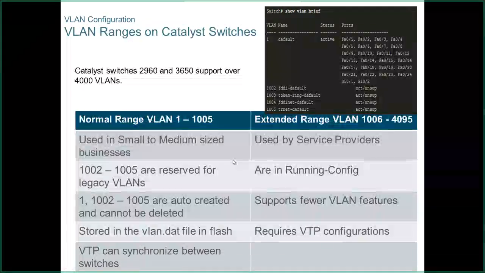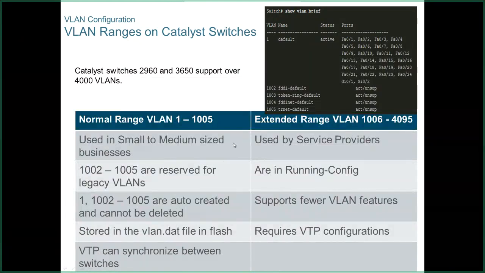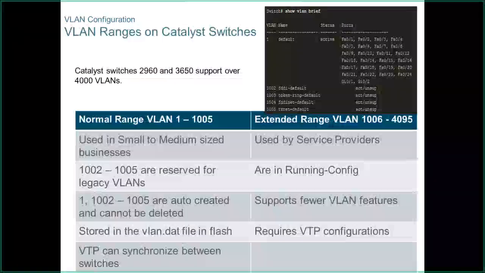So basically we can assign addresses within both ranges. Just be aware that there are 5 reserved legacy VLANs and they cannot be deleted. All your VLAN configuration is stored in the VLAN DAT file, which is located in the flash.